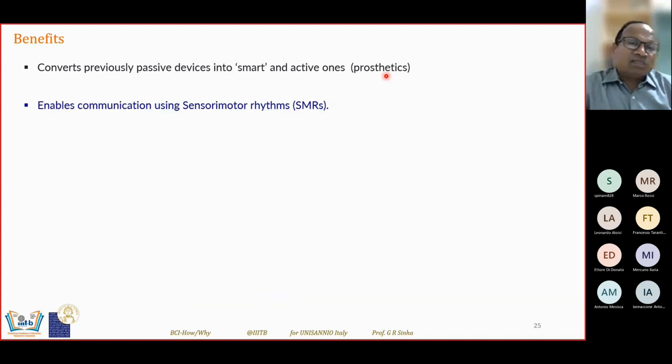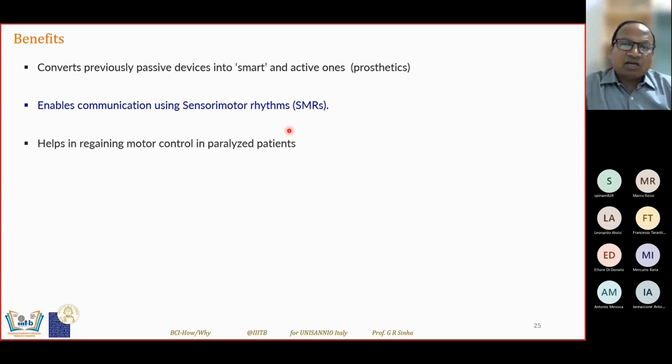BCI also enables communication using sensorimotor rhythms, the area called sensorimotor rhythms, also used for rehabilitation kinds of applications. It helps in regaining motor control in paralyzed patients. BCI can enable vehicles to avoid accidents.